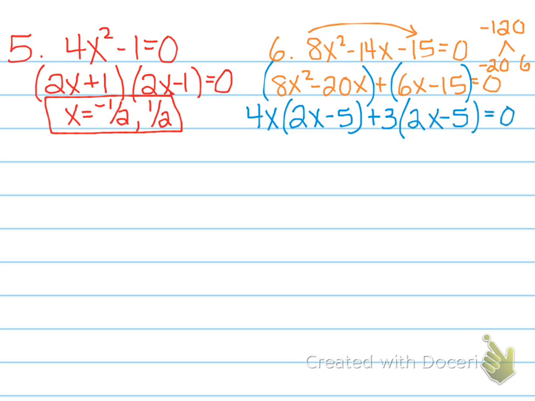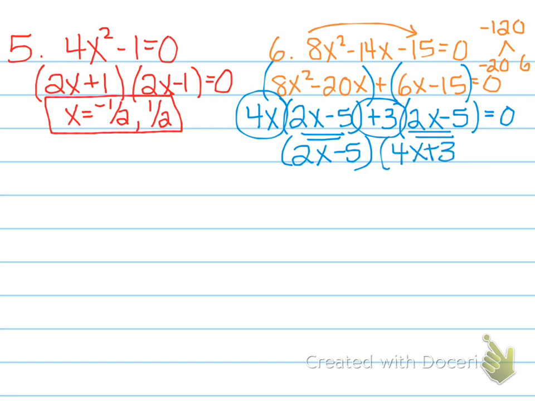I notice that my two factors in the parentheses are the same, so that's one of our solutions or our factors, and then the other comes from the GCFs put together for x plus 3. And again, if I were to set each of those equal to 0 and solve, I would have x is equal to 5/2 and negative 3 over 4.